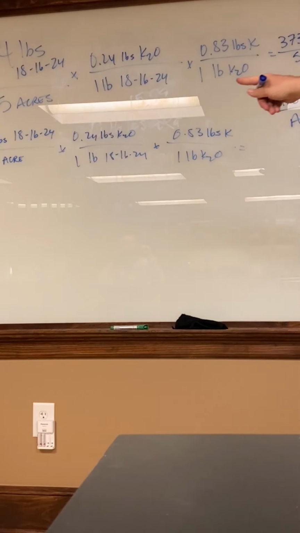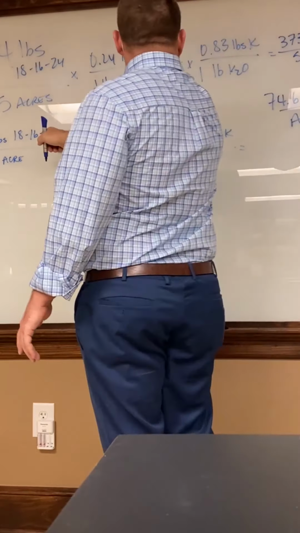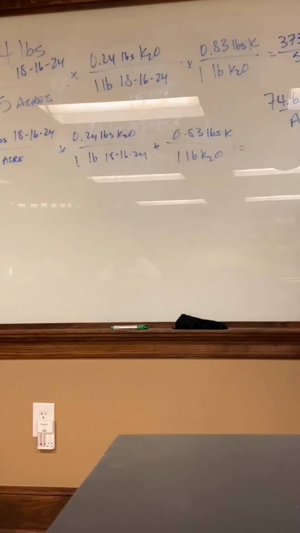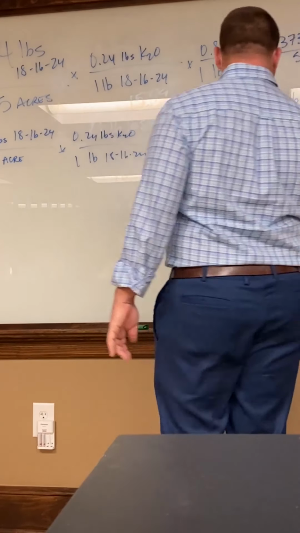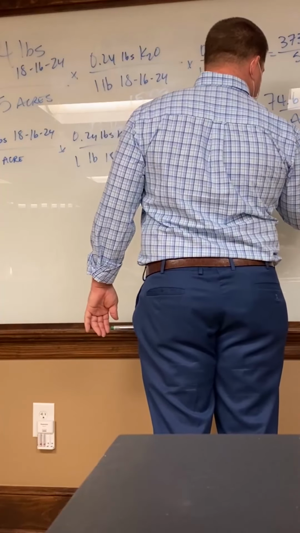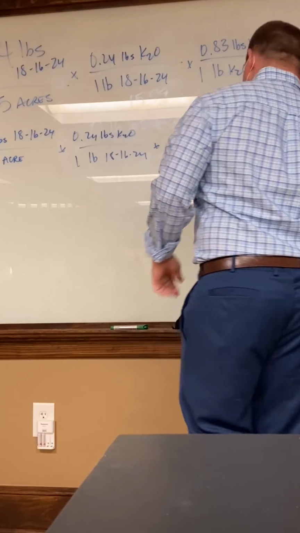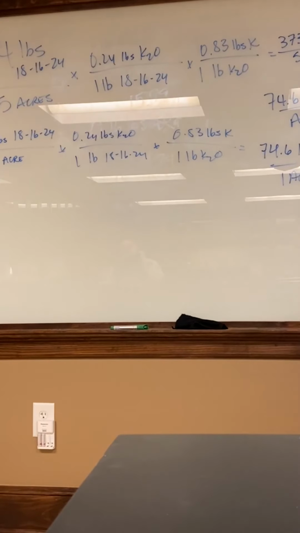When you did this math, 374.8 times 0.24 times 0.83, 74.6. Yep. There are 2 ways to solve just about every problem. The primary purpose of that is to get you to see that it was for 5 acres.